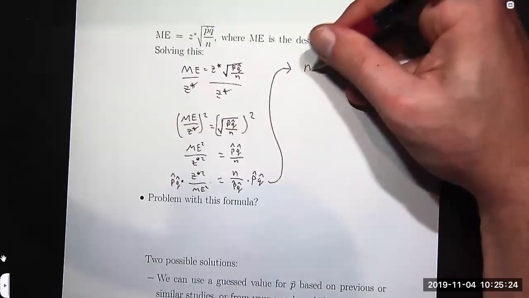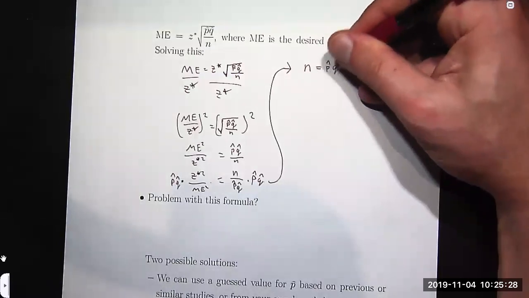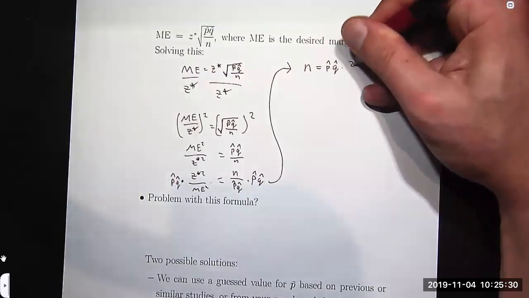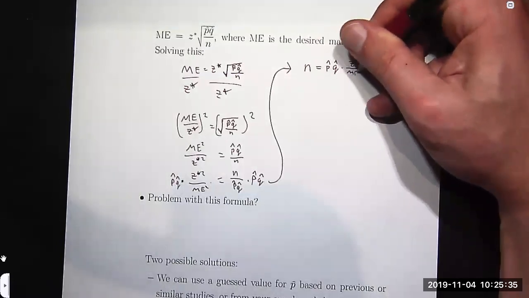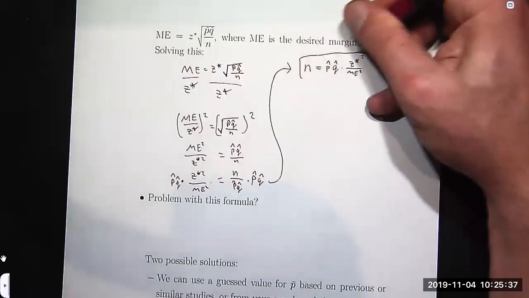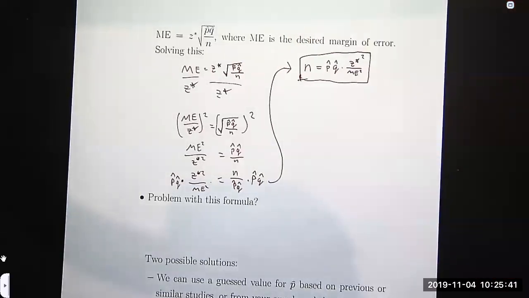So we end up with n equals p hat q hat times z star squared all over margin of error squared. And if you wanted to, you could keep track of that and use that in future questions that would ask you for what the sample size should be.